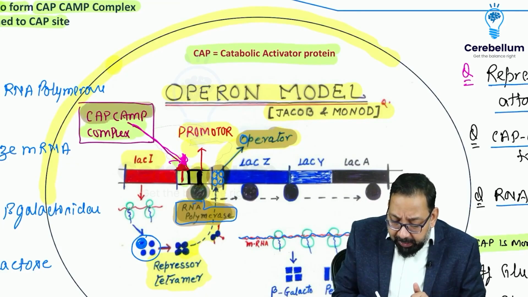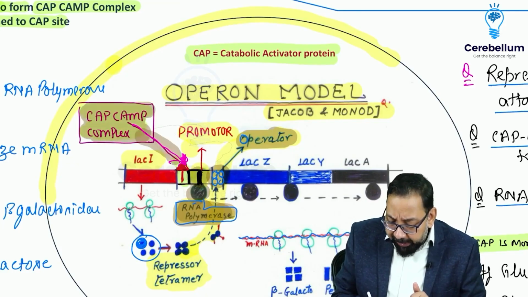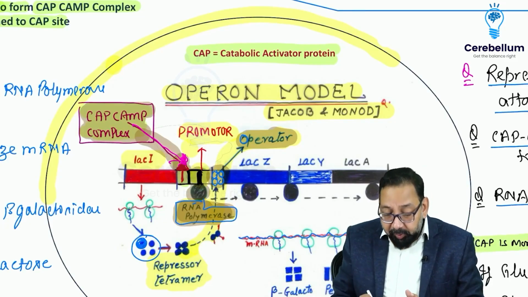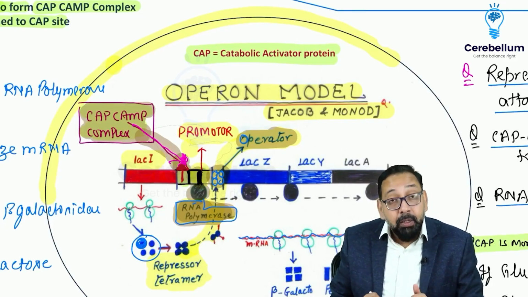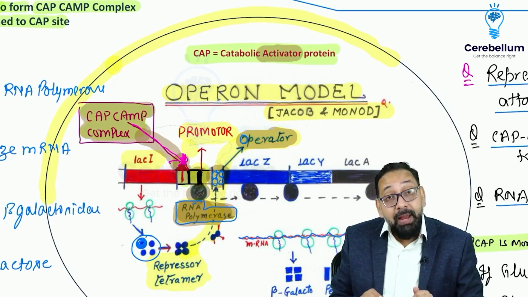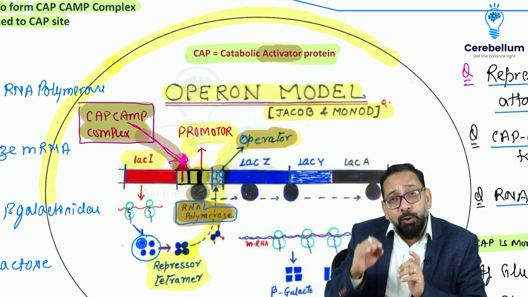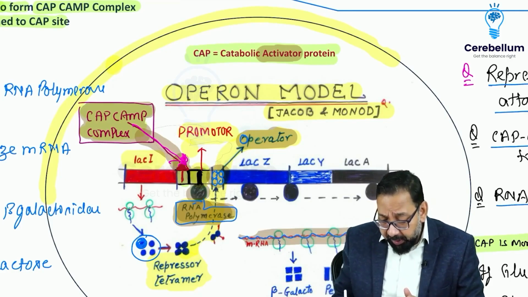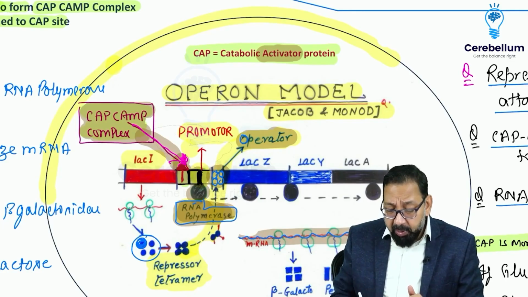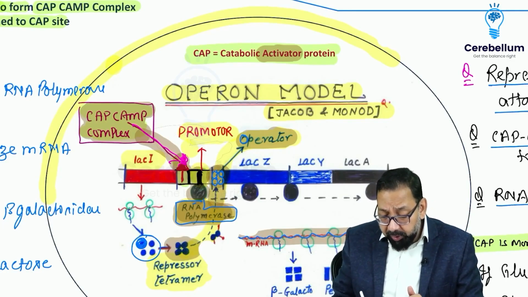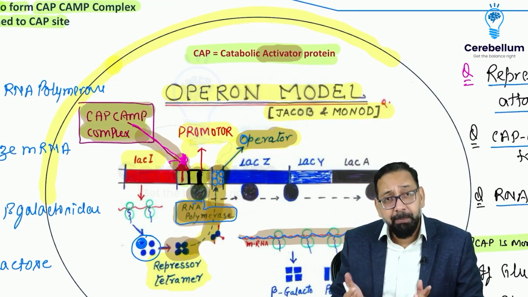Now CAP-cyclic AMP complex came and it binds to CAP site. This CAP-cyclic AMP, catabolic activator, will activate this RNA polymerase and will say go and synthesize messenger RNA. Repressor tetramer would say no, don't synthesize messenger RNA, because it is repressor.